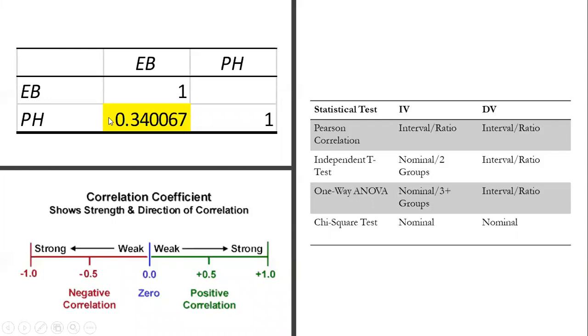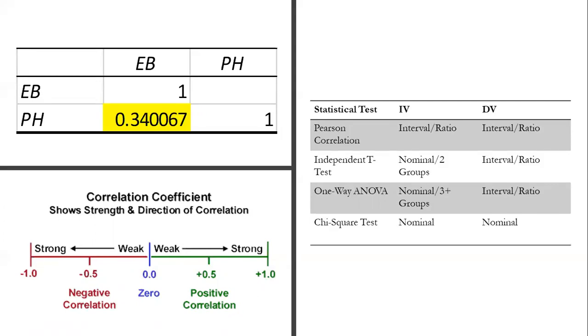So in other words, as one's emotional balance increases, one's physical health also increases. That makes a lot of sense, right? The more emotionally balanced one is, the better physical health they have, okay? So that's essentially what this test is telling me here.